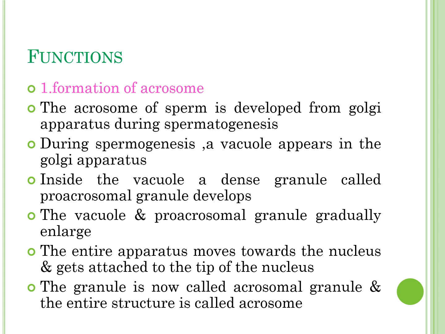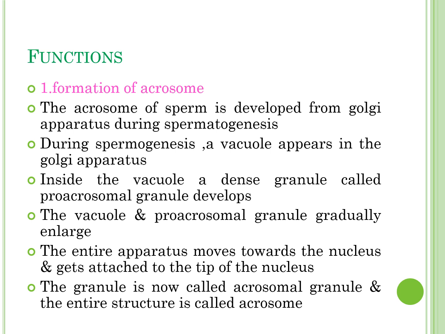Next we move on to functions of Golgi complex. The first one is formation of acrosome. Acrosome of sperm is developed from Golgi apparatus during spermatogenesis. During spermatogenesis, a vacuole appears in the Golgi complex. Inside the vacuole, a dense granule is formed, which is called the proacrosomal granule.